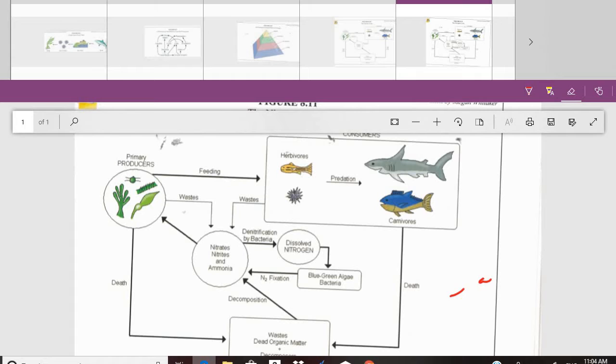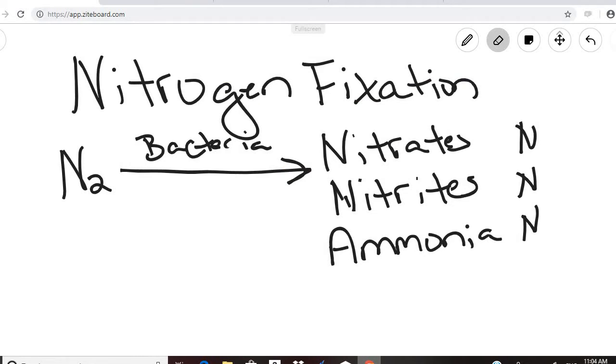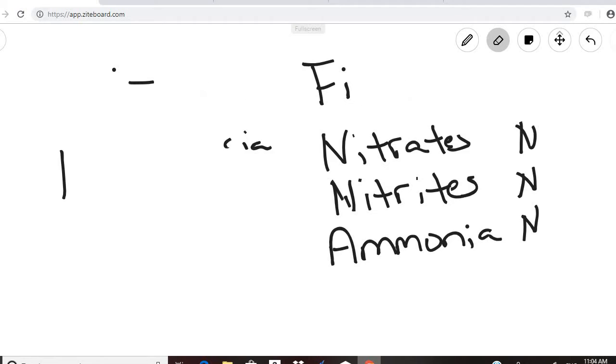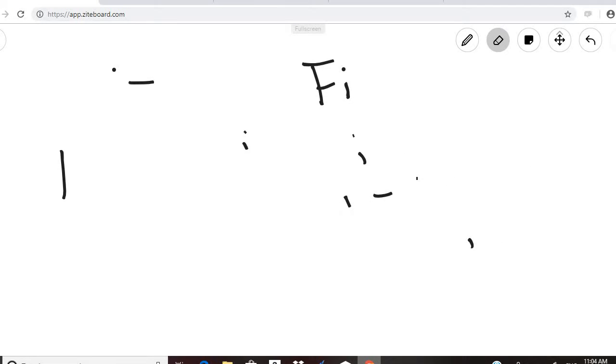Okay, then the last thing that we need to talk about for this module is just looking at a figure that lists different areas of the ocean ecosystem.